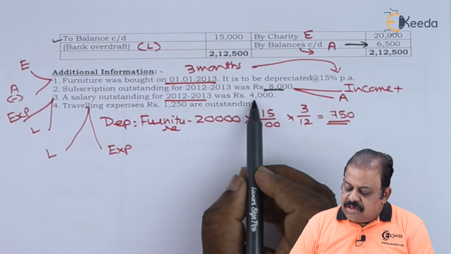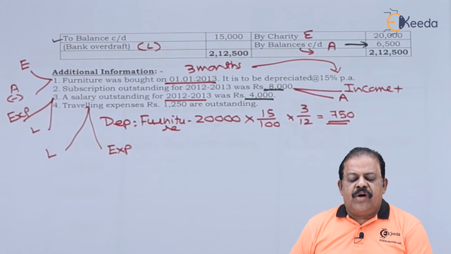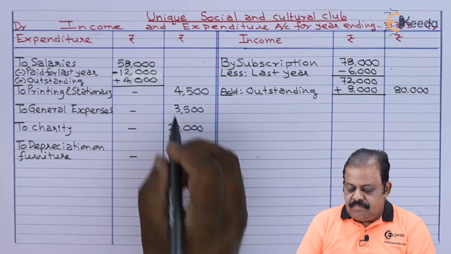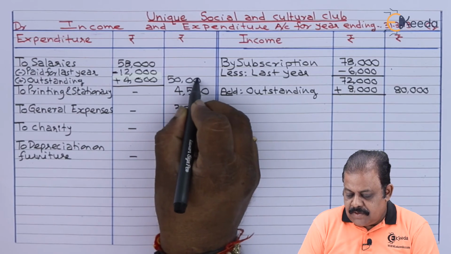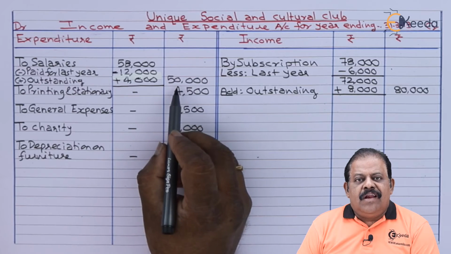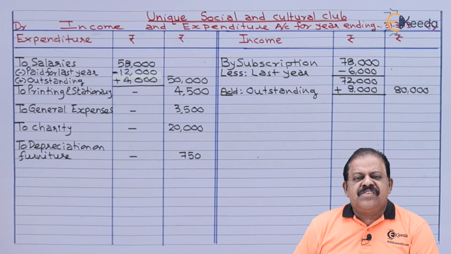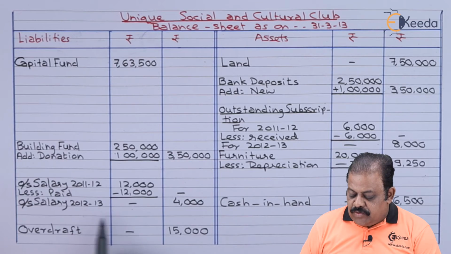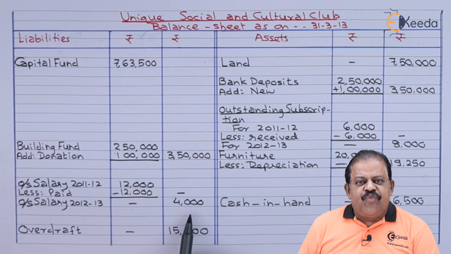Salary outstanding for the current year is rupees 4,000. Outstanding for the current year 4,000 is added over here. So in the outer column, total salary relating to the current year is rupees 50,000. On the liability side, outstanding salary for 2012-13 rupees 4,000.